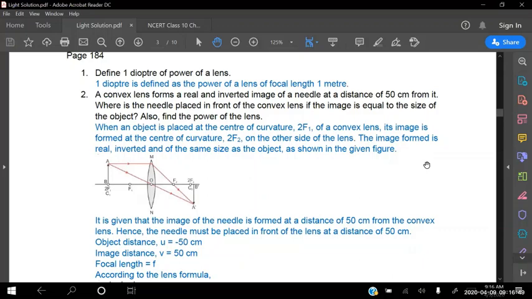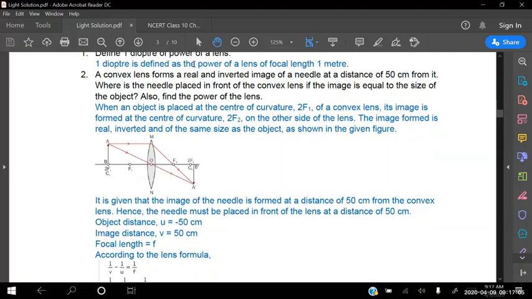Now next is convex lens forms a real and inverted image of a needle at a distance of 50 centimeter from it. Where is the needle placed in front of a convex lens if the image is equal to the size of the object? You know, if it is equal to the size of the object, it will always be kept at C or 2f.